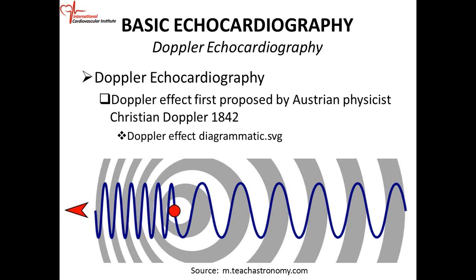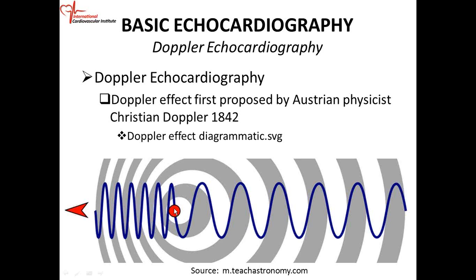Remember we did the wave equation, right? That was one of the exam questions. The speed of sound, or the speed of any wave, is equal to the frequency times the wavelength.